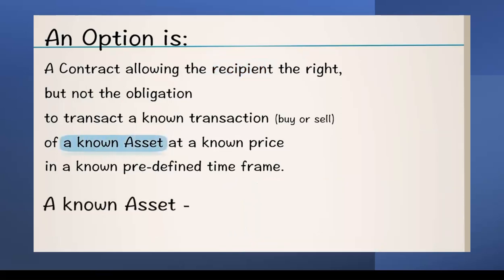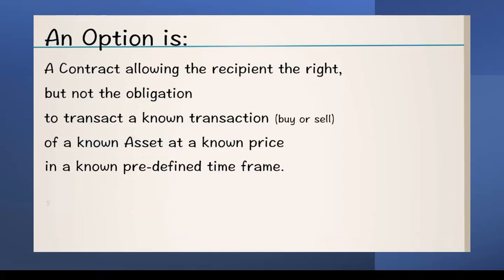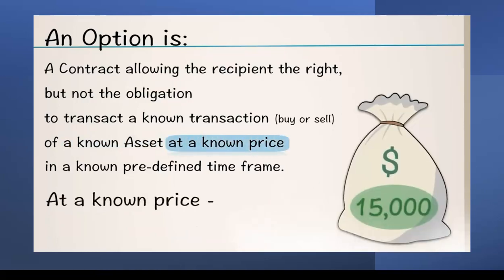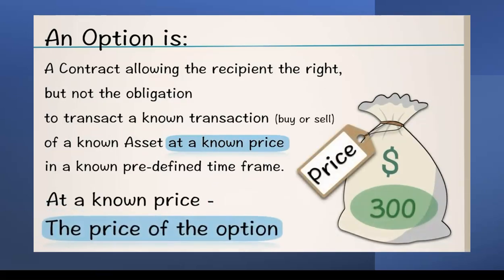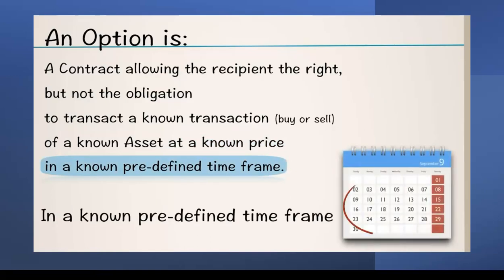A known asset, the core of the option. In our case, it's Bill's opportunity to buy a car from Zoe. At a known price, $15,000, also called the strike, and $300, which is the price of the option, in a known predefined time frame, in our case, 1 month.